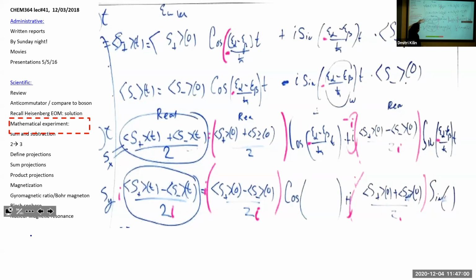So if one carefully expresses S plus in the form of the Euler formula, cosine, sine, and then initial value, and the Euler formula for S minus as cosine, sine, initial value, with a different sign, then by adding and subtracting, for summation the sines will cancel, and for subtraction the cosines will cancel. Same as we did for the harmonic oscillator, position and momentum.